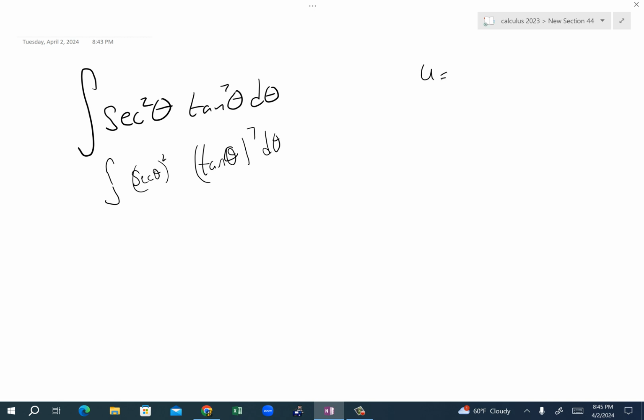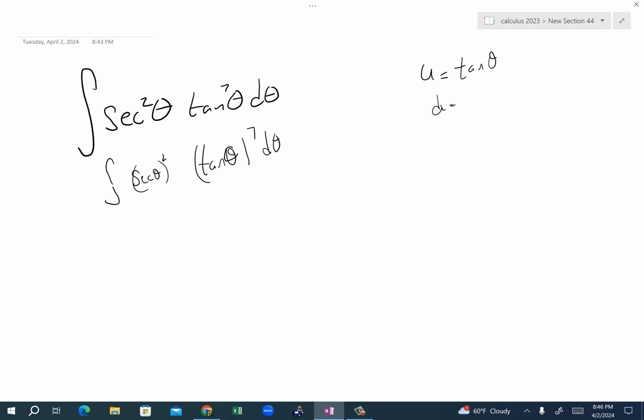And you're like, okay, cool. Let's let u equal something. If u equaled something, then du is going to be the derivative of that something. Obviously, either u is tangent or u is secant. Either one would work, technically. However, this one here is the way I would go. Why is that?